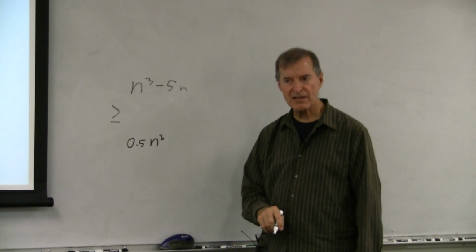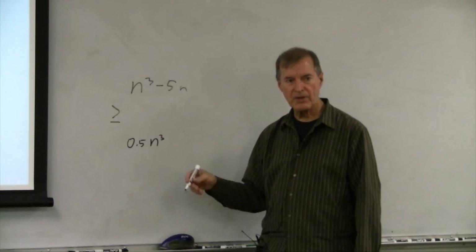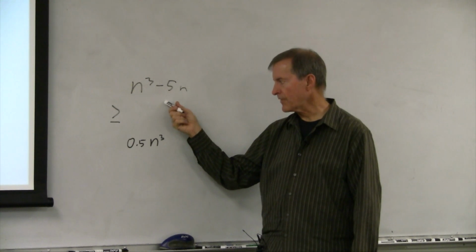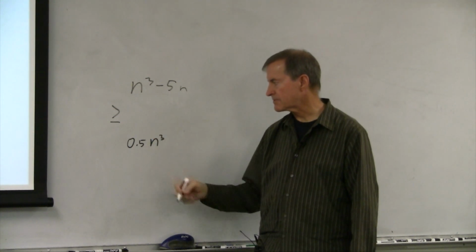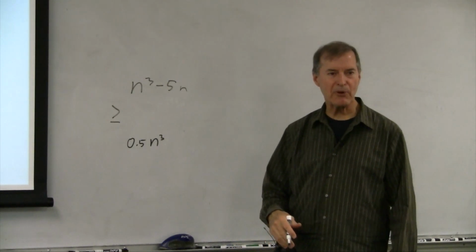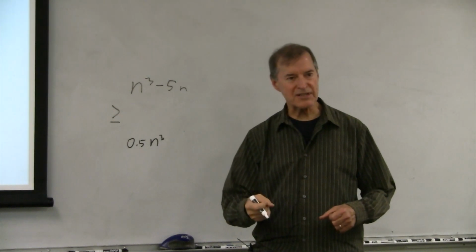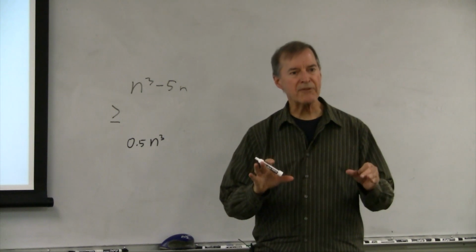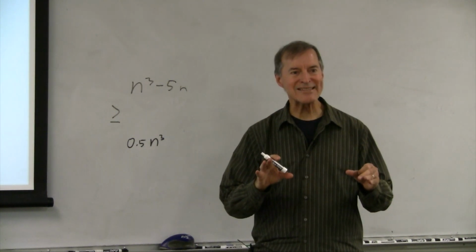Do you remember this technique? We can claim that this is greater than or equal to this. Why do we choose 0.5? If we chose 0.8, we would get a different c and a different n naught. But all we have to do is show that a pair exists.